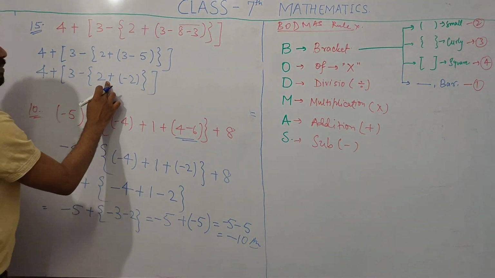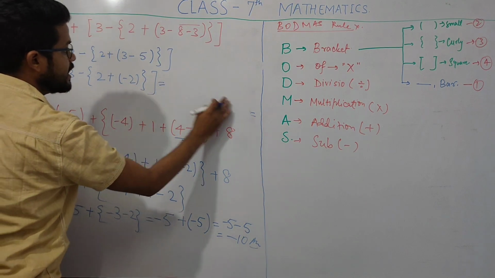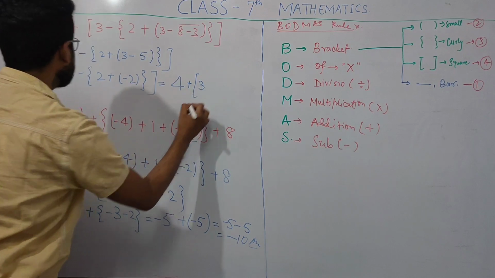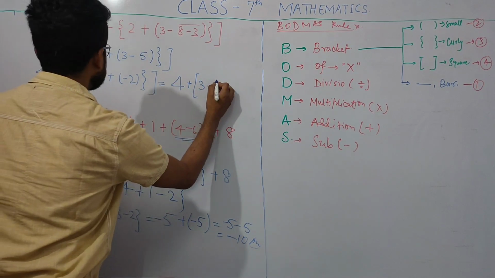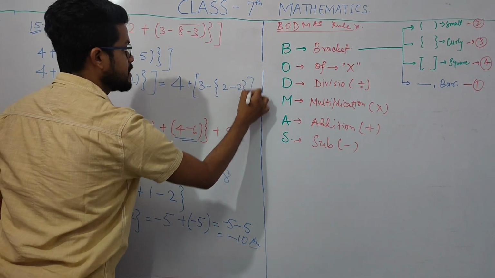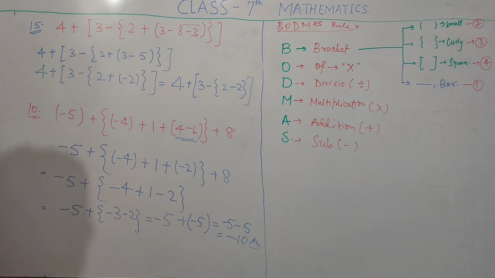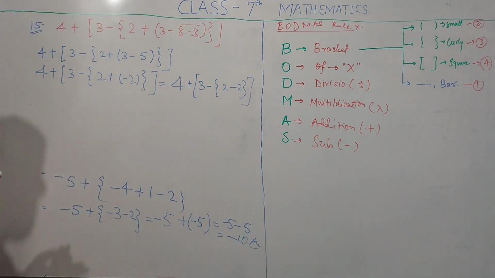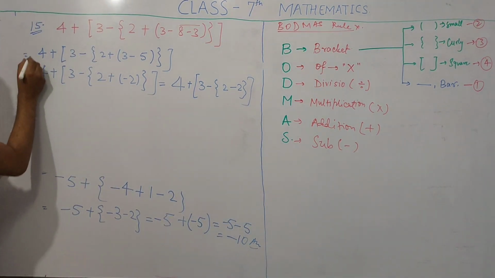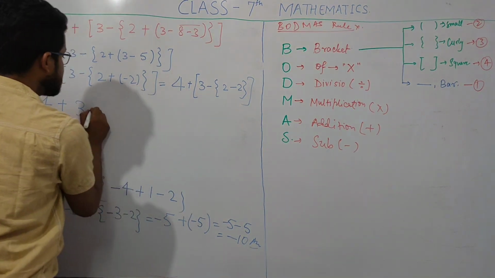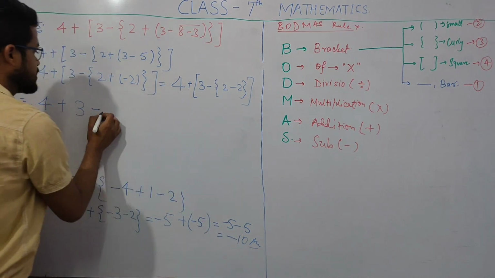So this is 2 plus minus 2. So I write here 4 plus 3 minus, this is 2 plus minus 2. Okay, so 2 minus 2 is 0.